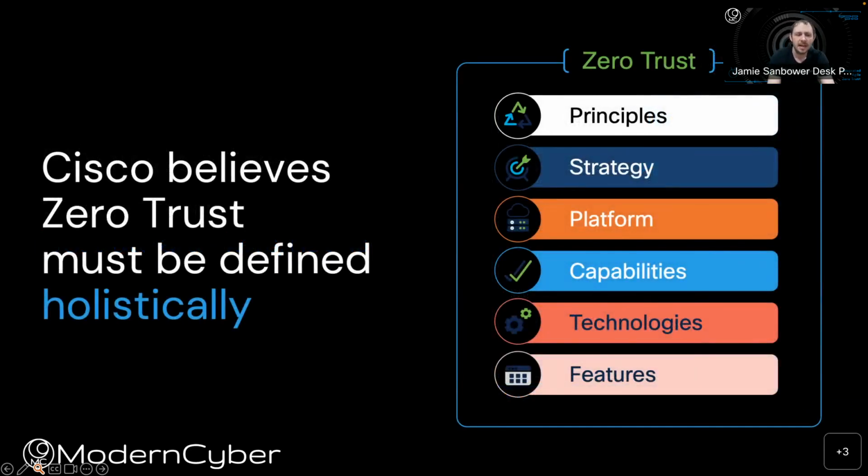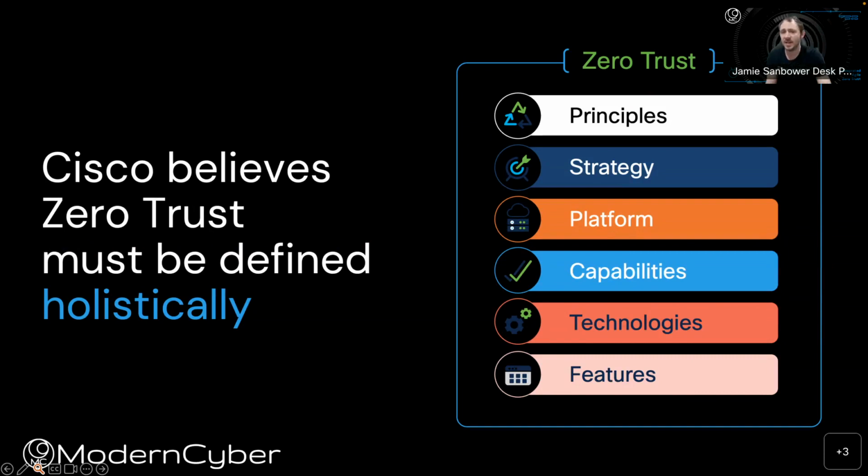The other thing that I do applaud Cisco on is looking at the full gamut of Zero Trust. Cisco really does believe that Zero Trust has to be defined holistically prior to some level of organizational adoption or implementation. One of the key things to that is building out some of the key parts of the taxonomy and definitions within an organization.